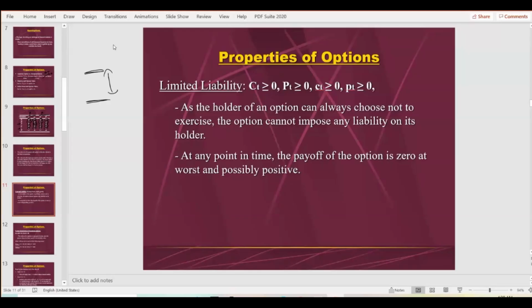Now, due to the limited liability of an option, because remember, the option gives you the right and not the obligation to exercise, you will only exercise if the option is in the money.